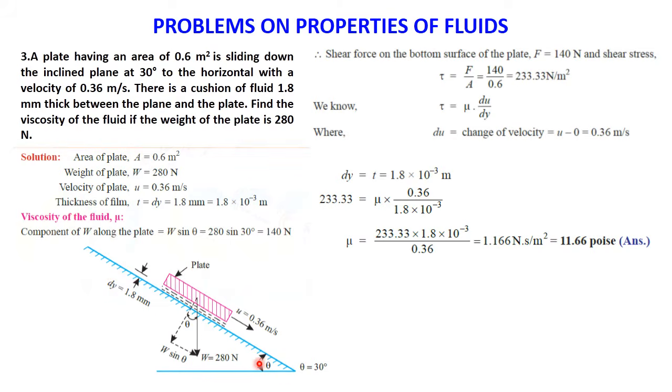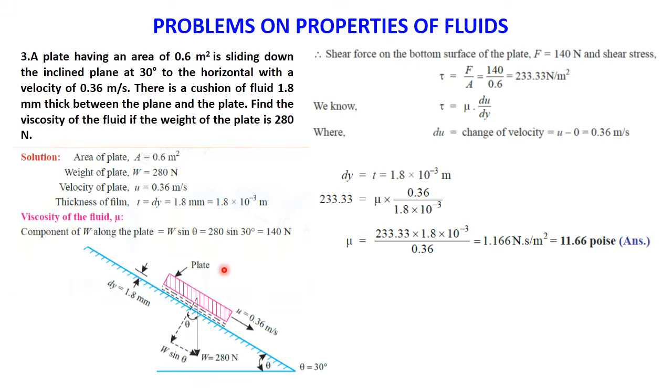See, there is one inclined angle, or we can say an inclined ladder, which is a fixed ladder. This is the ground level, and to this an inclined system is present, and there is one plate which is parallel to this inclined plane, and between them there is a fluid which is flowing. The area of the plate given to us is 0.6 meter square, and it is sliding in the downward direction.